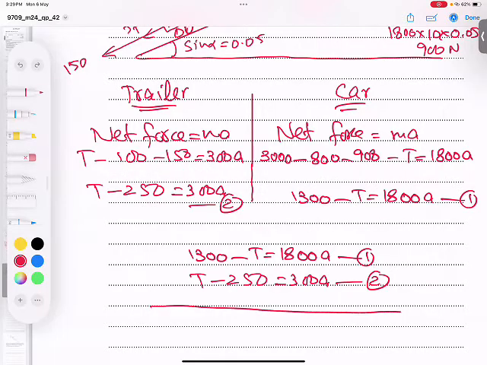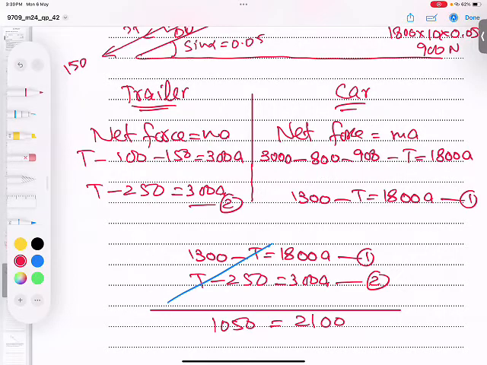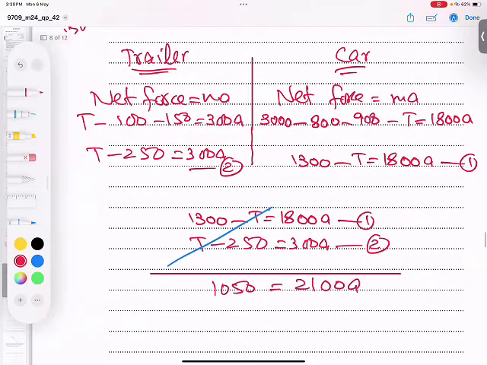Anyway, no problem at all. Now tension cancels out, and we got what? Out of 1300 subtract 250, I got 1050. And here I got 2100a. Divide by 2100, so I get what? Half. So acceleration comes to exactly half.